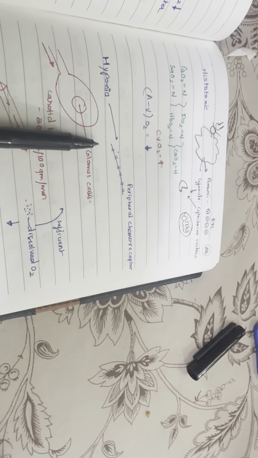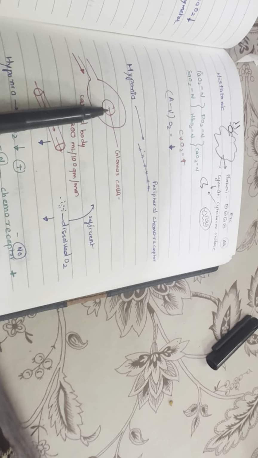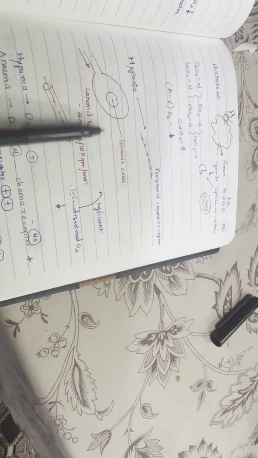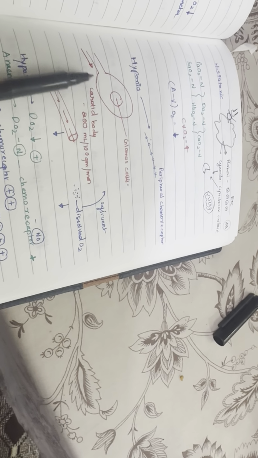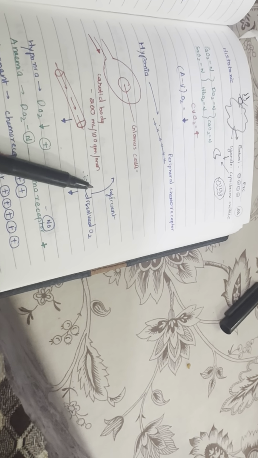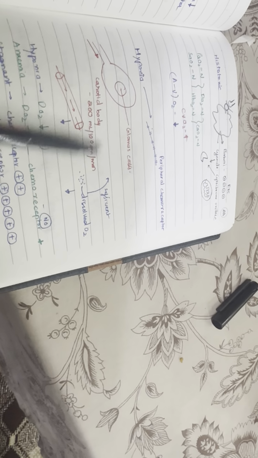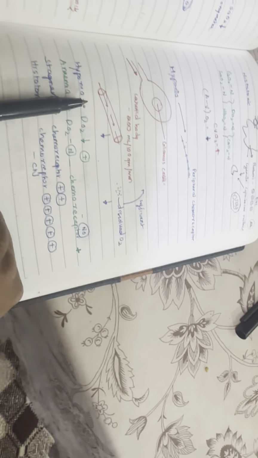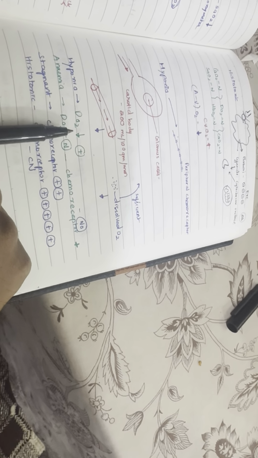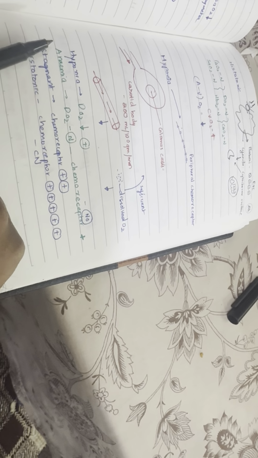Hypoxia mainly stimulates the peripheral chemoreceptors, especially in the carotid body. The large blood supply is there, glomus cells are there, 200 ml per 100 gram, and dissolved oxygen will be sufficient for the peripheral chemoreceptor. But in hypoxia, the dissolved oxygen will be reduced, so the peripheral chemoreceptors will be activated.